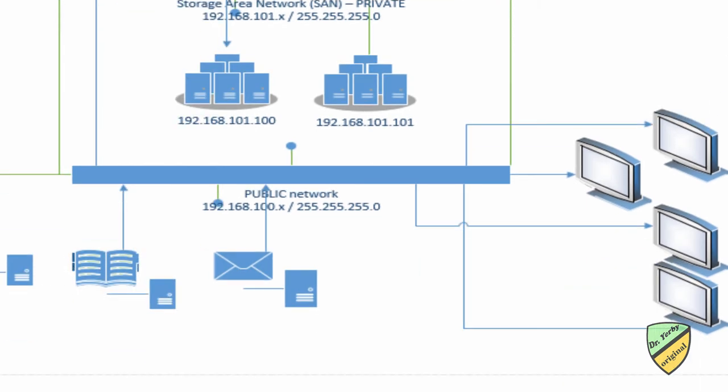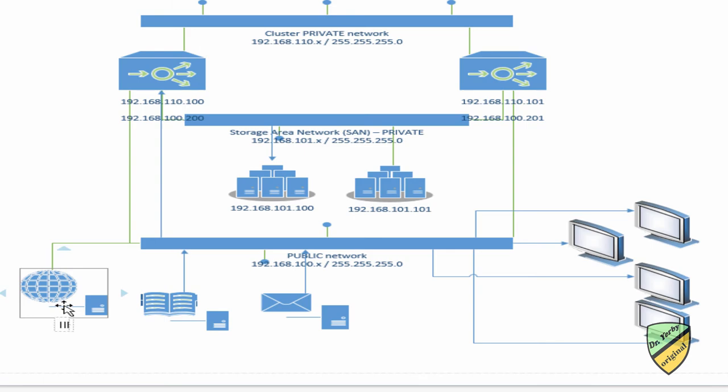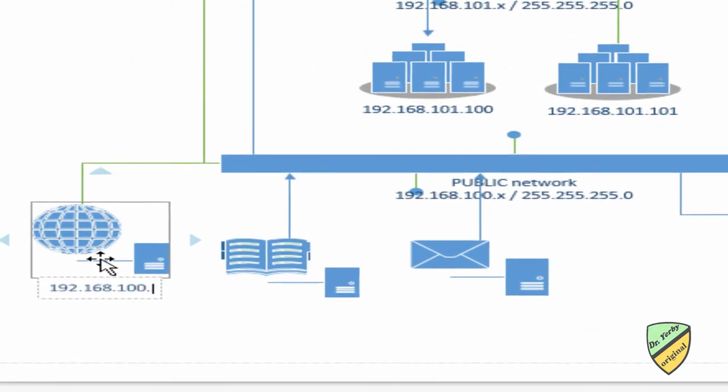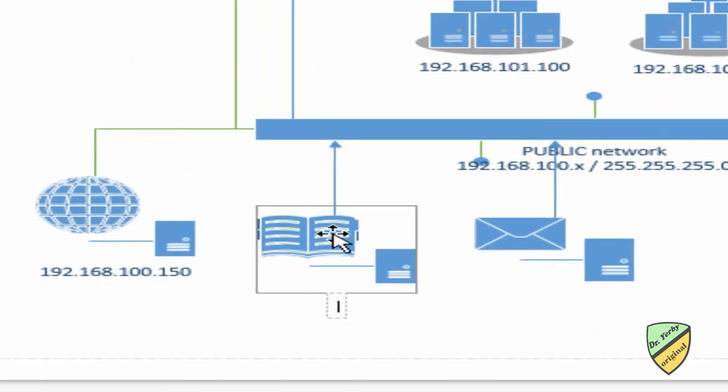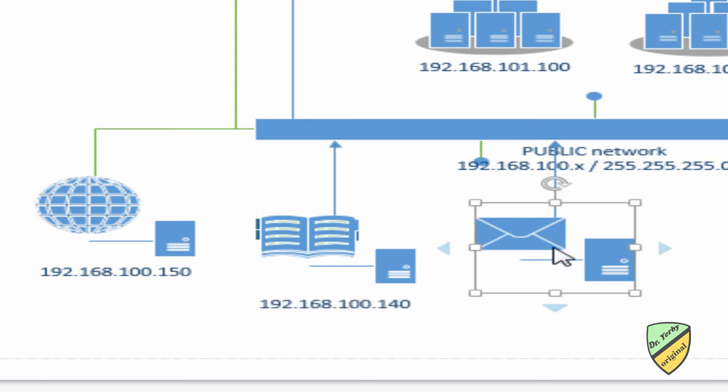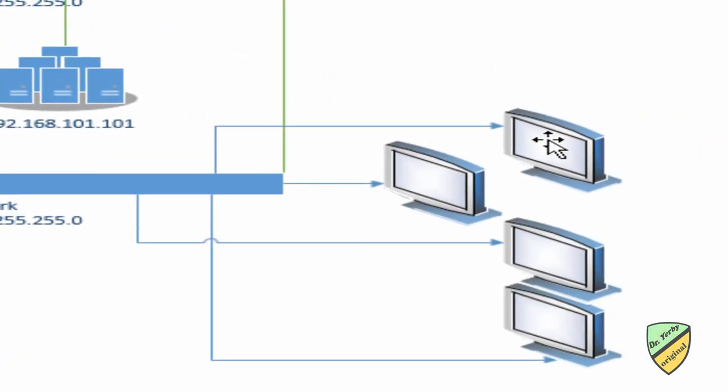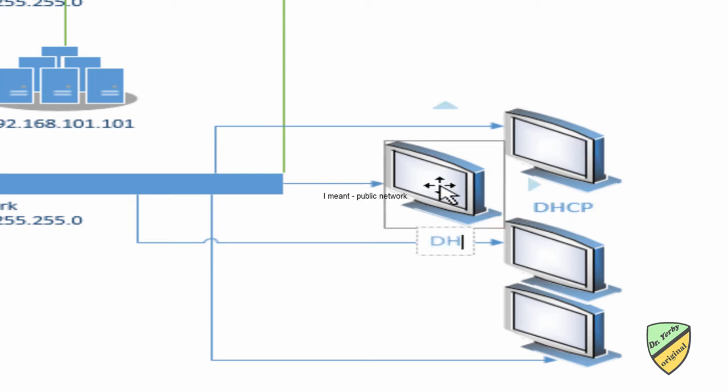Now we need to set some static IP addresses for our servers. So again, this is on our public network, which is our .100. So I'll call this one 150. Call this one 140. And I'll call this one, the mail server, 130. And then for our clients, we want them to get an IP address through DHCP from the DHCP server that's somewhere on that private network.